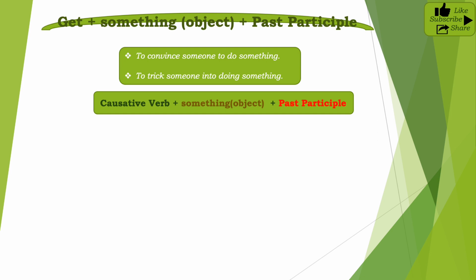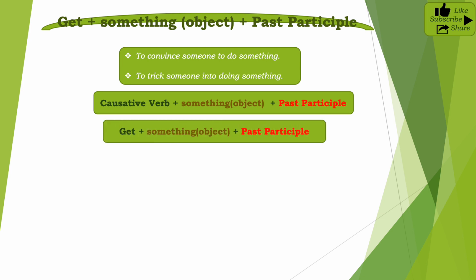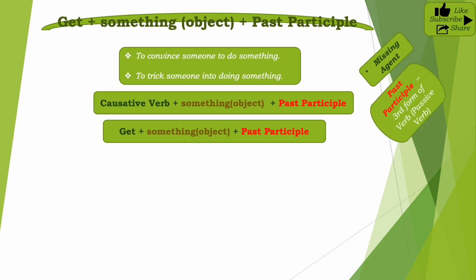Causative verb plus something, object, plus past participle. Here we have a causative verb get plus something, object, plus past participle. And here in this structure number 2, we have a missing agent. Do you remember? We have already discussed. And past participle is third form of verb.